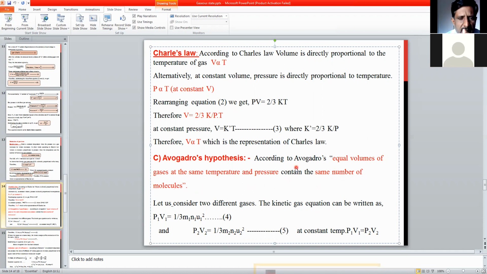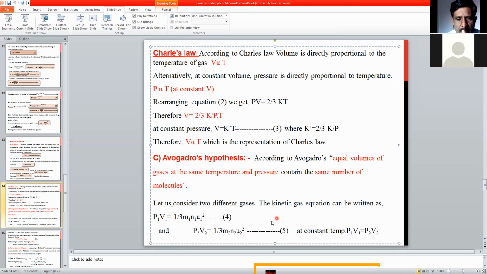Suppose one gas is X and another gas is Y, both having equal volumes, equal temperature and equal pressure. Then the total number of X gas molecules and the total number of Y gas molecules are the same. That is called Avogadro's hypothesis.